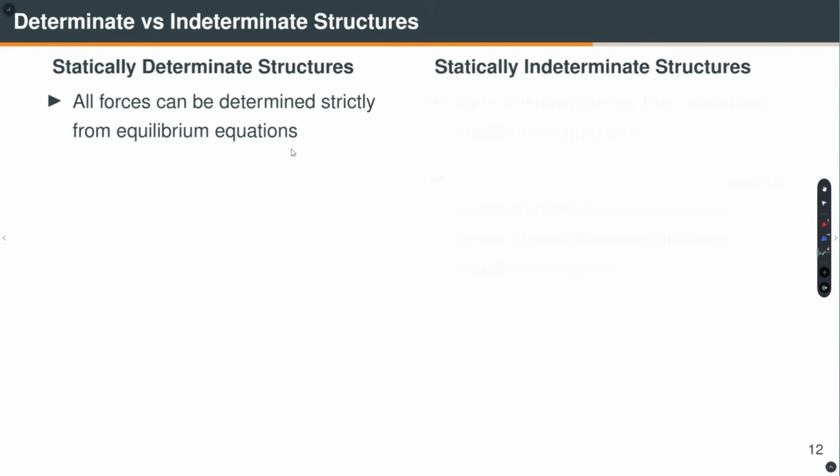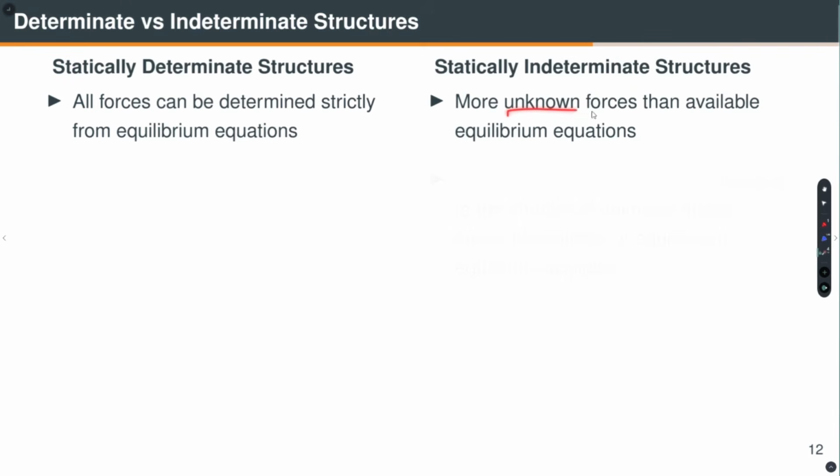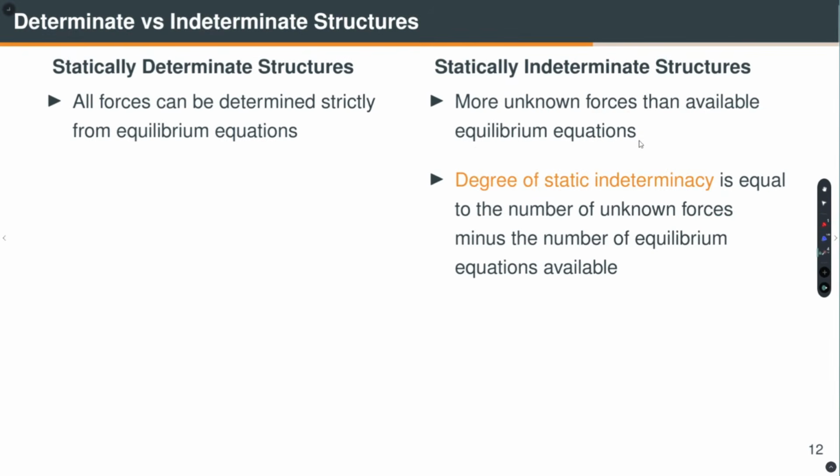On the other hand, if we have more unknown forces than available equilibrium equations, then it is statically indeterminate. And we define the degree of static indeterminacy, which is equal to the number of unknown forces minus the number of equilibrium equations available. Recall that for each part in 2D, we have got 3 equations of equilibrium, right.